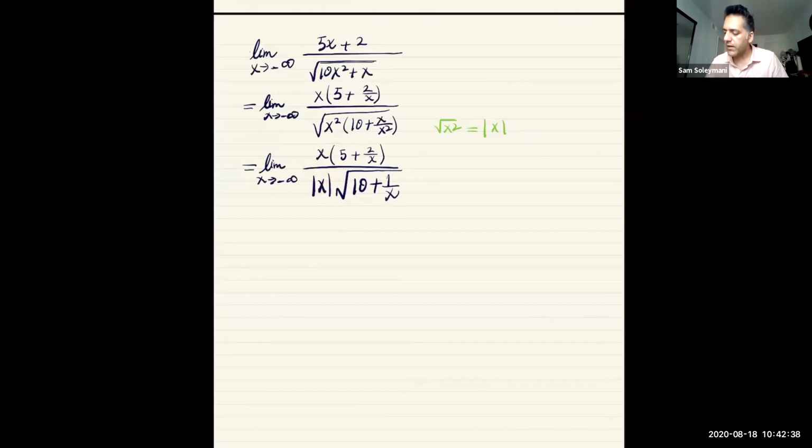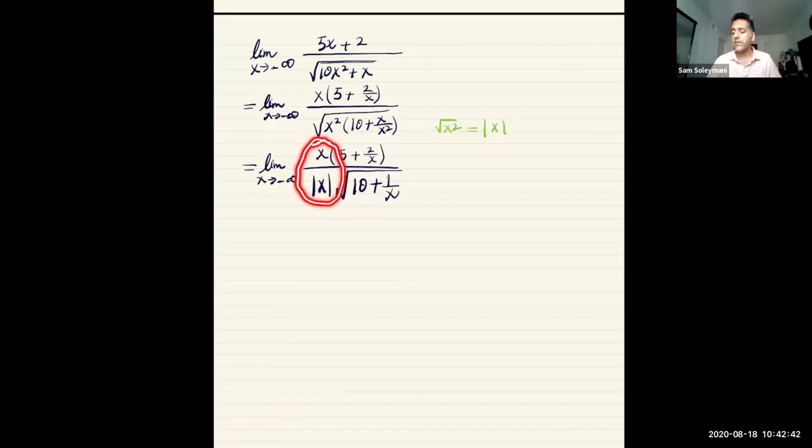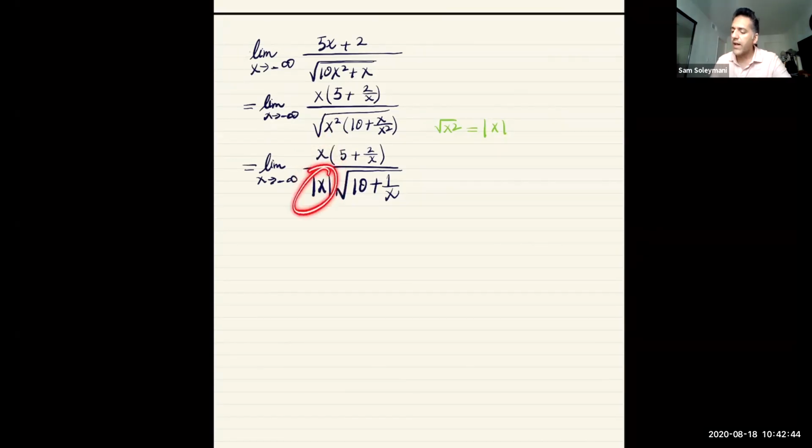You have x over absolute x. No, no, no, you don't cancel that, because absolute value of x is piecewise. It's either x, if x is positive, and it's negative x, if x is negative. I'm not including 0 here because x is in the denominator and x can't be 0.